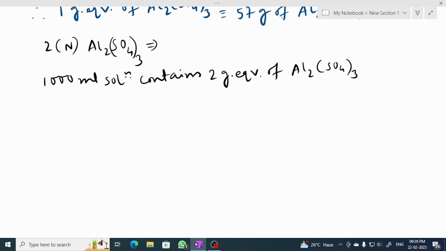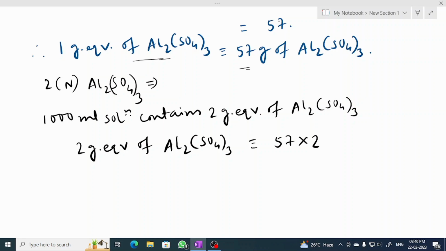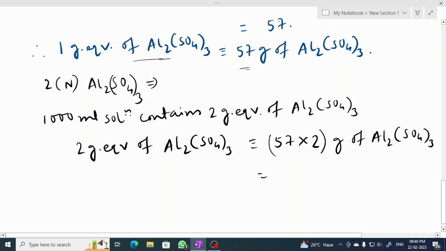Now, 2 gram equivalent of aluminum sulfate is how much gram of aluminum sulfate? We can calculate. Previously we saw that 1 gram equivalent of aluminum sulfate is 57 gram, so 2 gram equivalent of aluminum sulfate is 57 into 2 gram, that is 114 gram of aluminum sulfate.